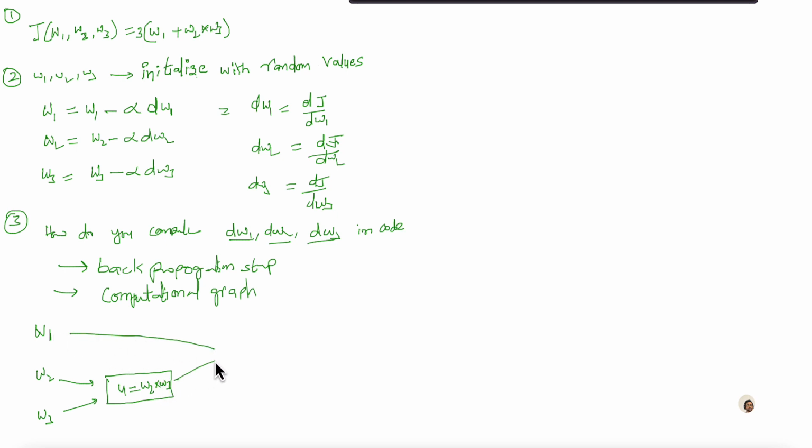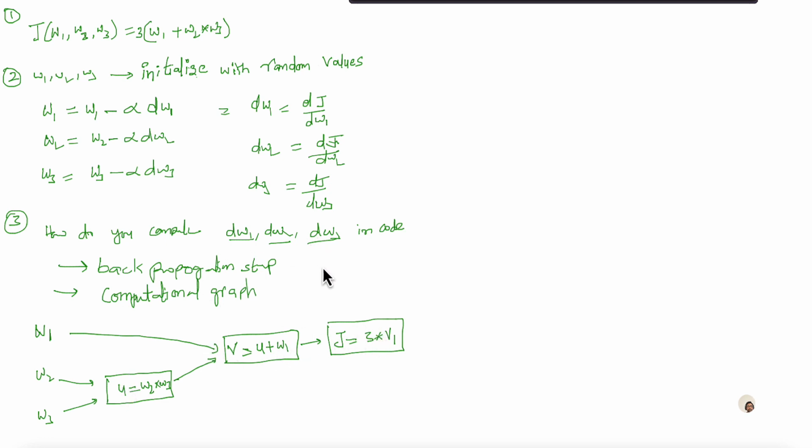Combine this and say v is equal to u plus w1, and J is equal to 3 times v. So this is how you construct a computational graph, and now it's easy to compute.